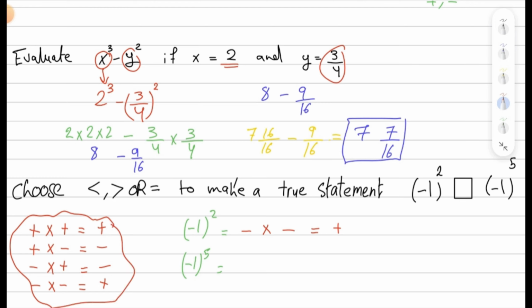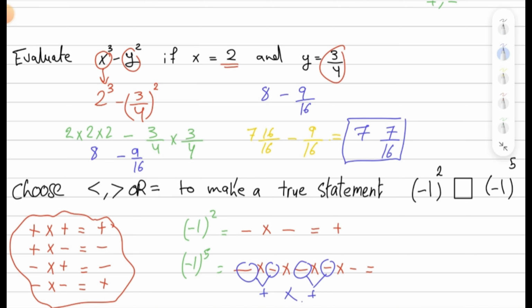Okay. Now for -1 raised to the 5th power, also focus on the sign. So we have negative times negative times negative, 5 times. 1, 2, 3, 4, 5. Okay. What we're going to do here, negative times negative, this is positive, and negative times negative, this is positive.